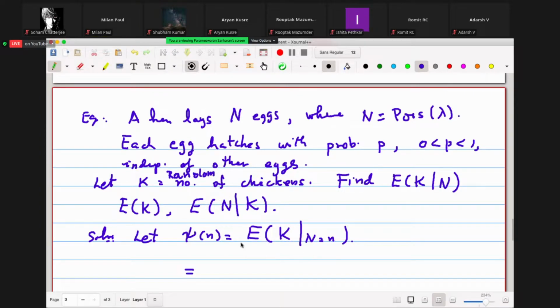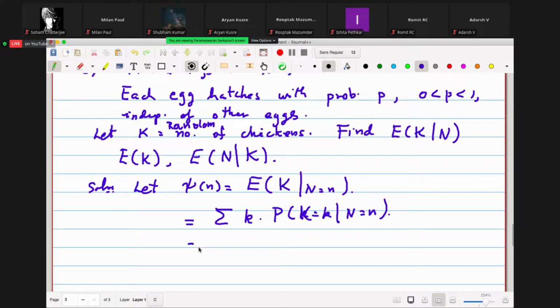So you just apply the definition here, there's nothing much to say. This is equal to the sum of k times the probability that capital K equals k given that N equals n.